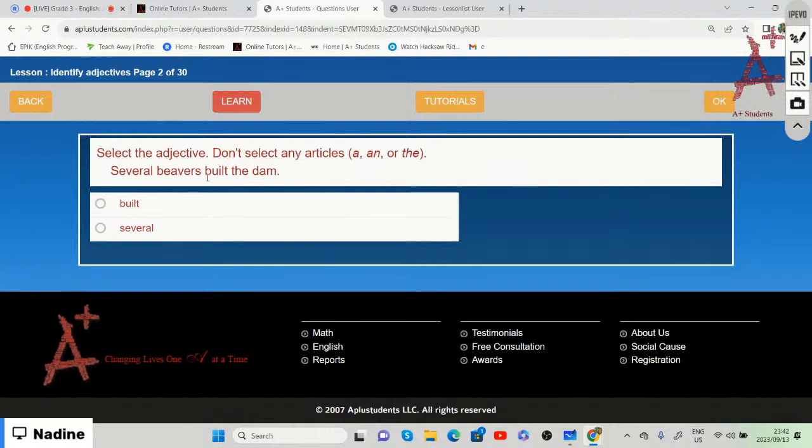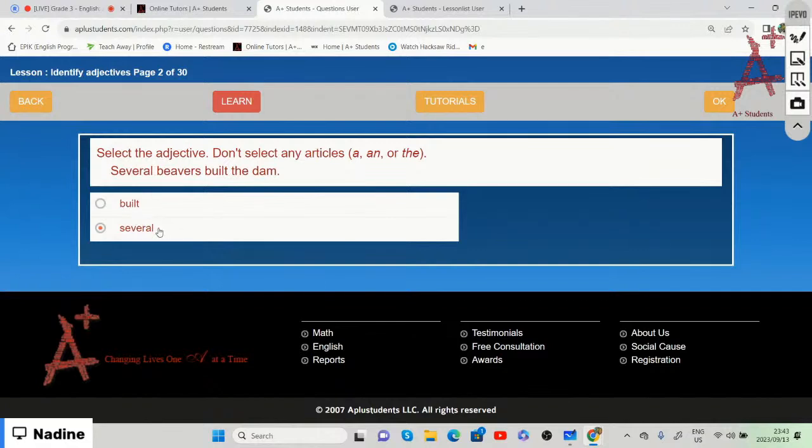All right, so if we look at the sentence and select the adjective, we will say several. And several will tell us how many beavers. Remember, we said that when it comes to adjectives telling us how many, it doesn't specifically have to be in number. It doesn't have to be one, two, three, four, five, up until whatever amount. Several is also an adjective that tells us how many.